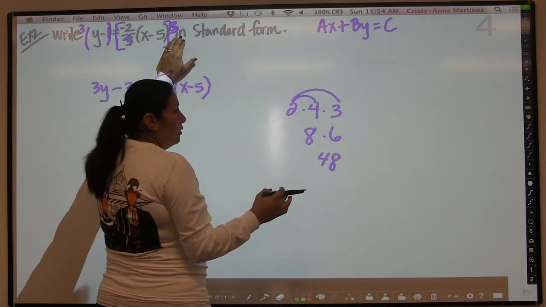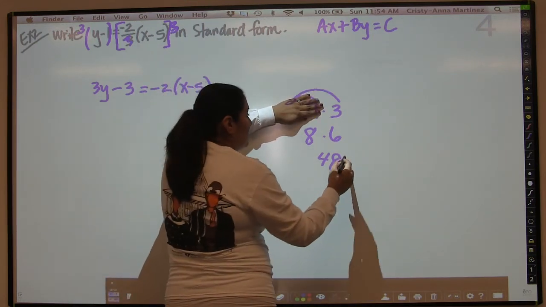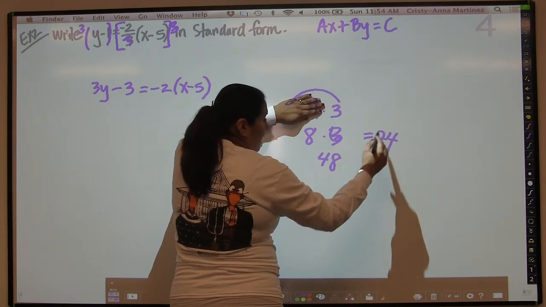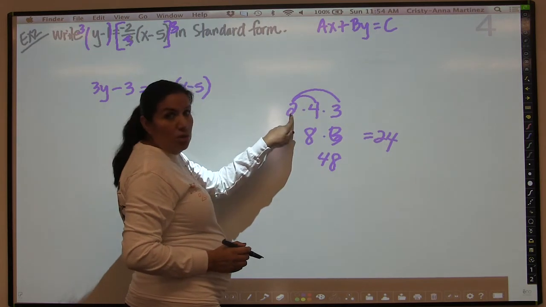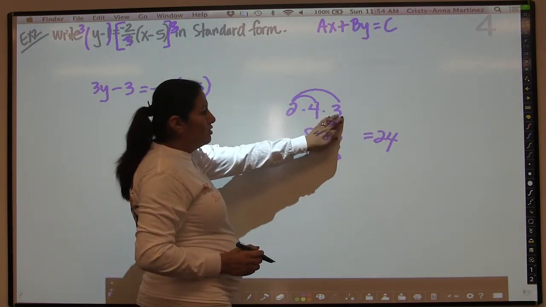That is not what we do. We say 2 times 4 is 8, that's done, and then 8 times 3 is actually 24. 24 is the right answer. In other words, you don't multiply both things by the 2. You only multiply the first by the 2, and then that result times 3.